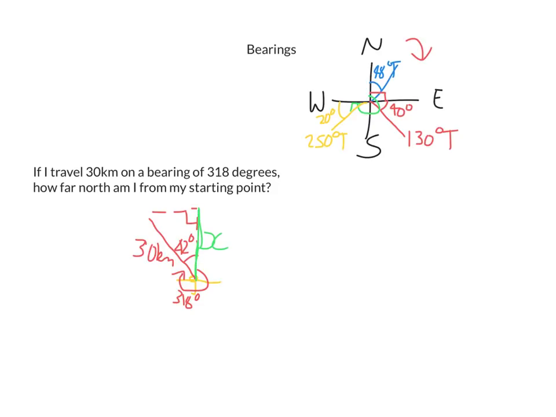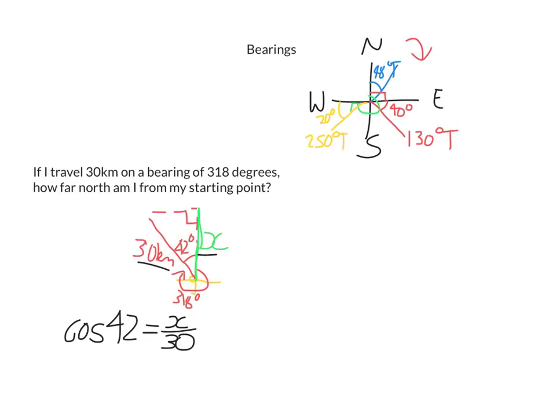I can do that really easily using trigonometry. 30 is the hypotenuse of the triangle because it's facing the right angle. x is adjacent to the 42-degree angle. So I have the adjacent and hypotenuse, so I use cos. Cos 42 equals adjacent over hypotenuse.